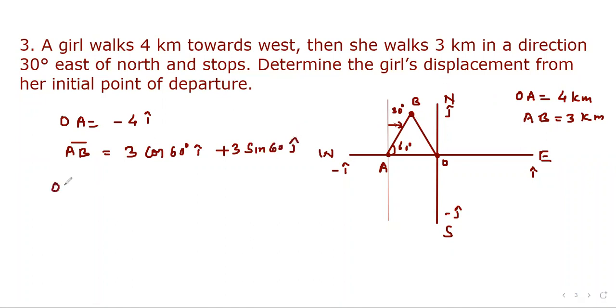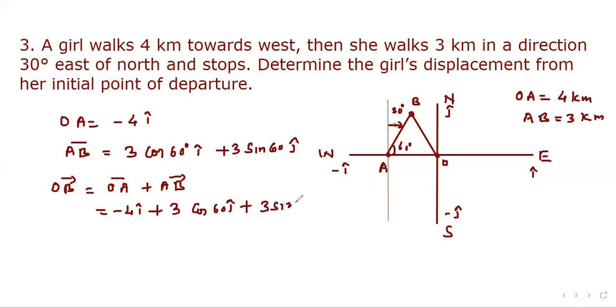So vector OB will be the sum of these two vectors, OA plus AB. So if we put these values, minus 4 i cap plus 3 cos 60-degree i cap plus 3 sine 60-degree j cap.